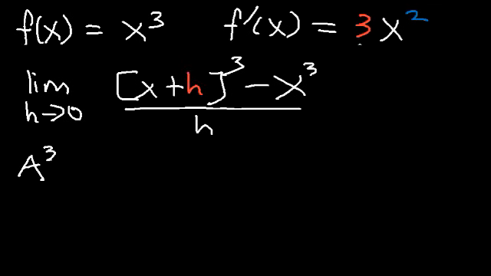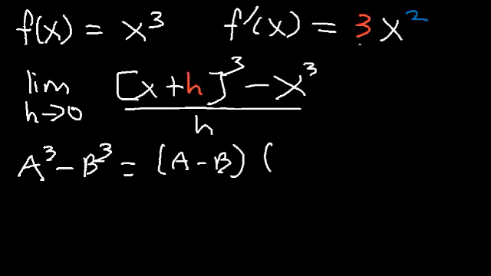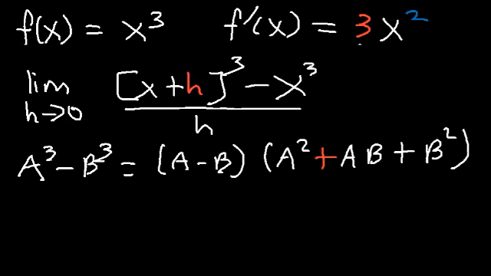For example, a to the third minus b to the third is a minus b times a squared plus ab plus b squared. So in this case, a is going to be x plus h, b is going to be x.